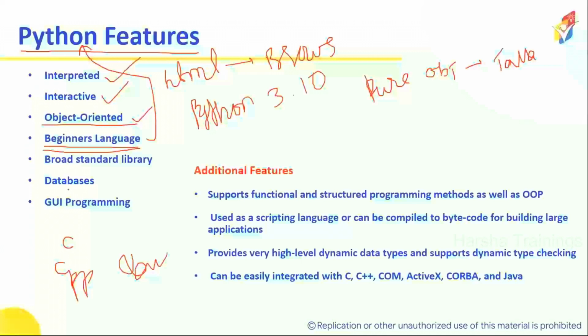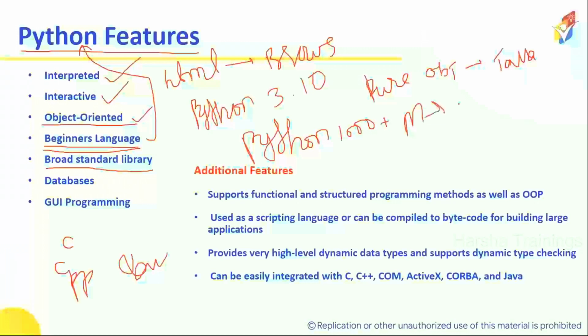Now, another important property is that it has broad standard libraries. What is the meaning of broad standard libraries? I can do anything with Python, because it supports 1000+ libraries. If I want to do mathematical operations, I will use a library called NumPy.